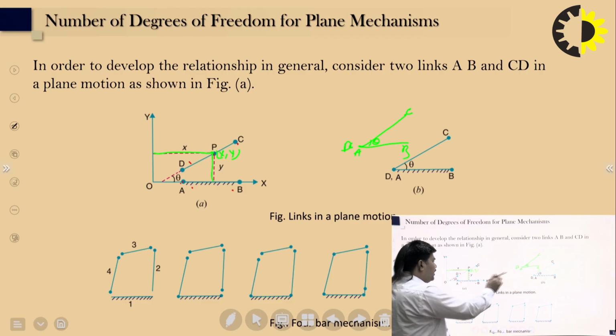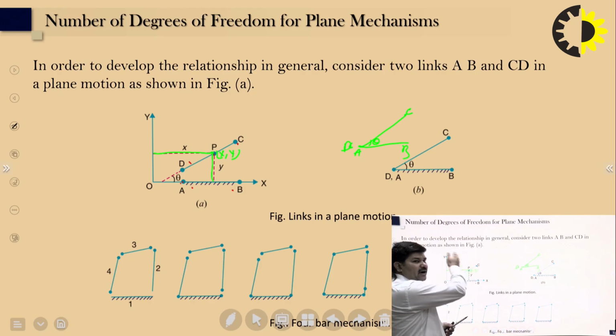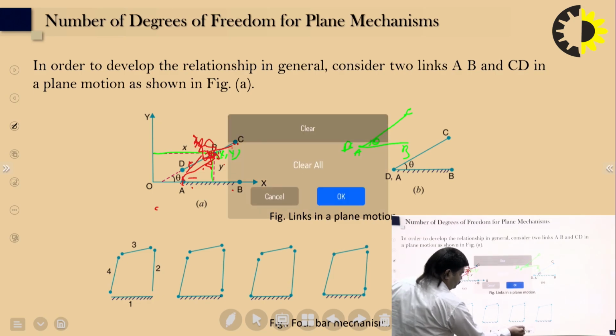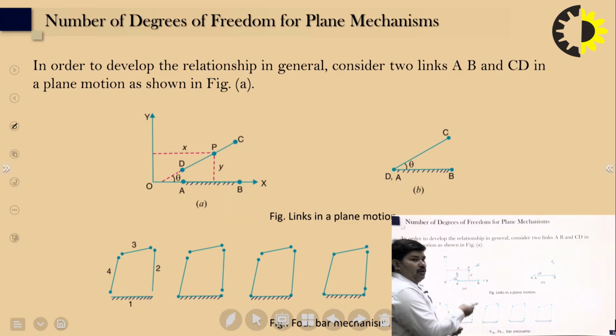We can see that if the DC link is free, it can move in the x direction or the y direction, upward or downward. But if this link is fixed with point A, then only one motion is possible.